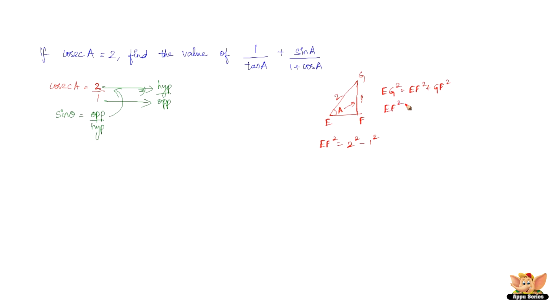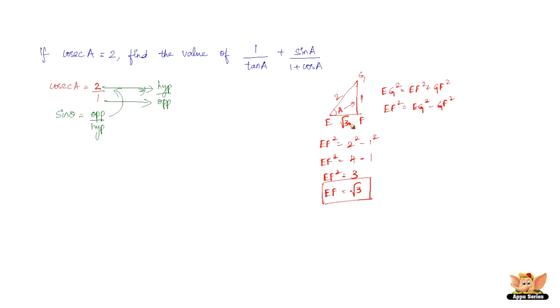This is nothing but EF square equals EG square minus GF square, which is the same thing that I've done here. So EF square equals 2 square is 4 minus 1 square is 1. So EF square is 4 minus 1, which is 3. So if EF square is 3, EF is going to be square root of 3. So we found the value of the adjacent side here, which is root 3.